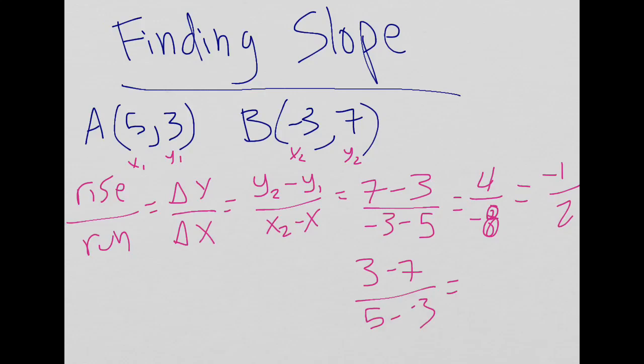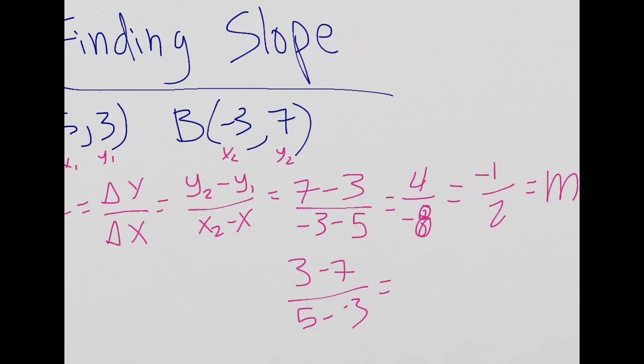Well, first off, 3 minus 7 is negative 4, and 5 minus negative 3 is the same as 5 plus 3, which is 8. Notice the only thing that is different is that now the negative is in the numerator instead of in the denominator. That doesn't make one single bit of difference. If you take 4 divided by 8 and then make it negative, you still get negative 1/2.